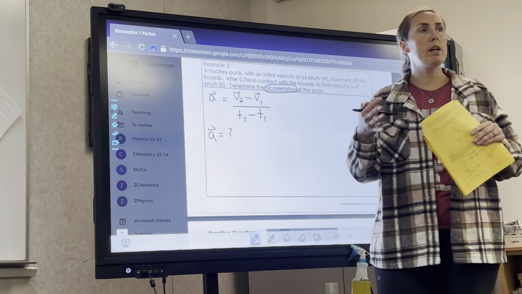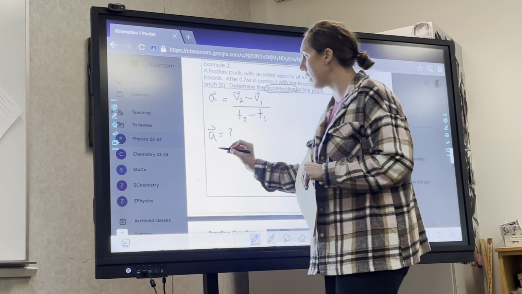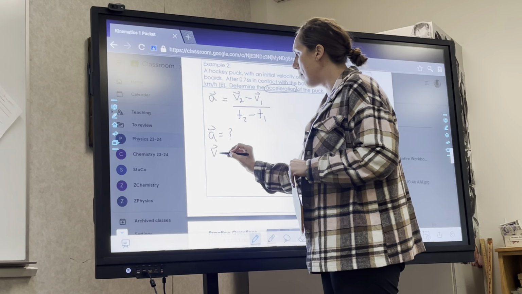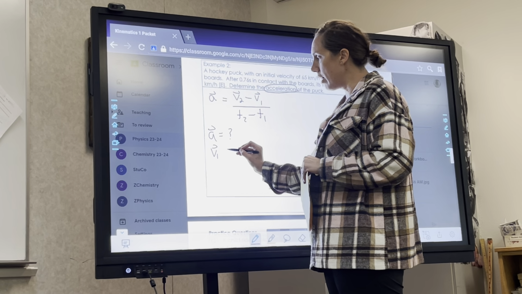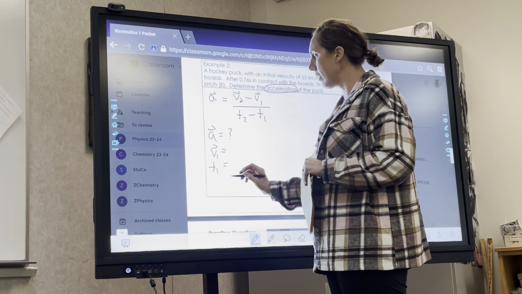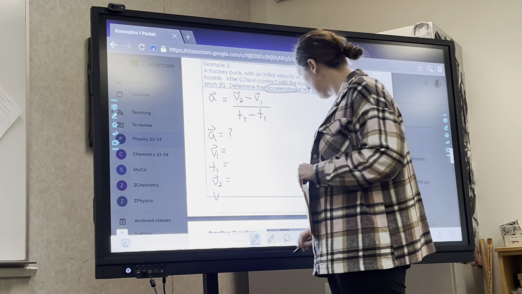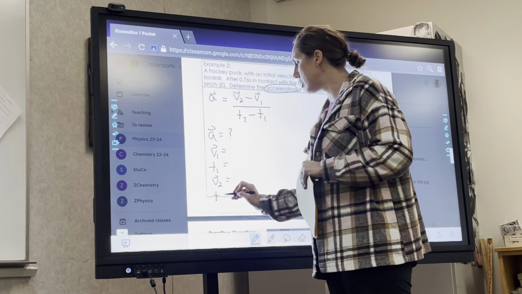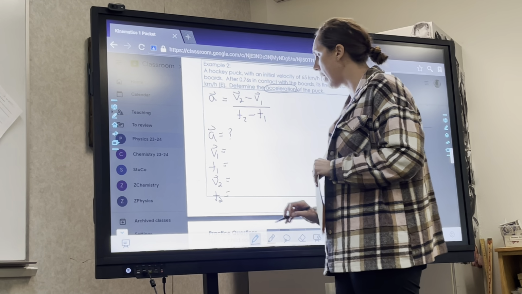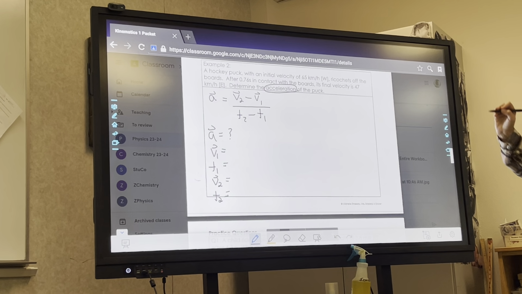This is how I do it to keep my numbers straight. The first number you should always get is your initial point. So put your velocity 1 first, time 1, so our first point, then our velocity 2, and our time 2. Now let's reread our question and fill in what we know.